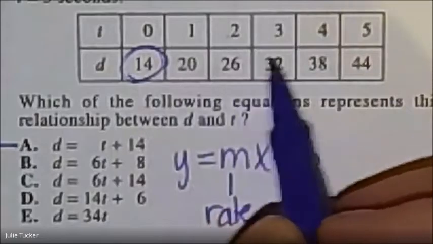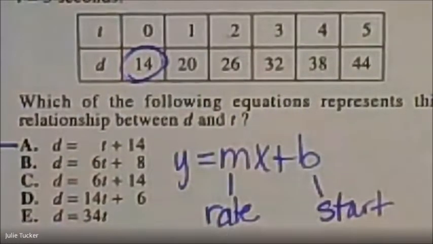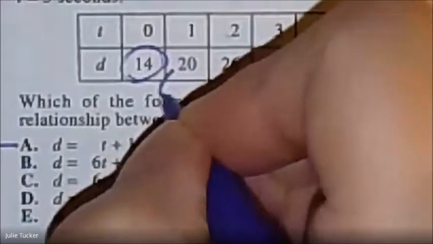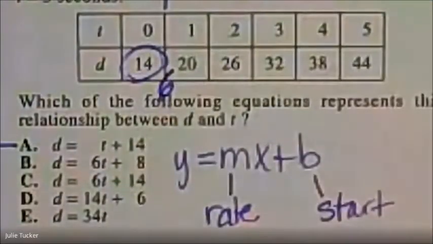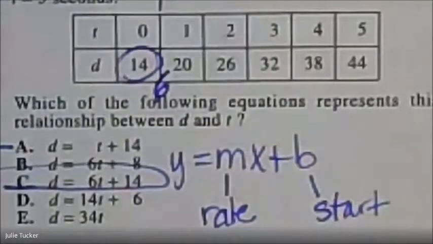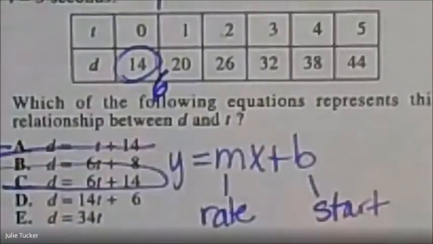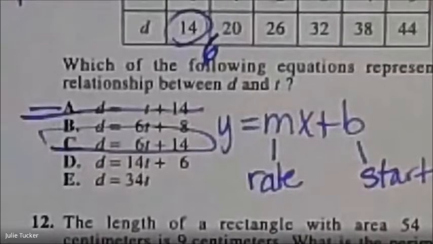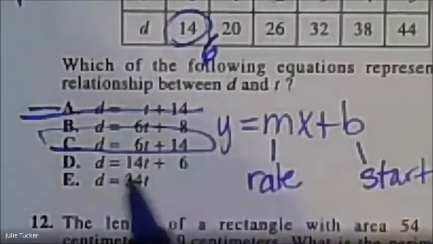So how much is this growing by on the y's? 6 over 1, right? So the speed should be 6 for the slope. Good job, Connor. Yes, I'll mark out the A. There you go. All right, and the other one.